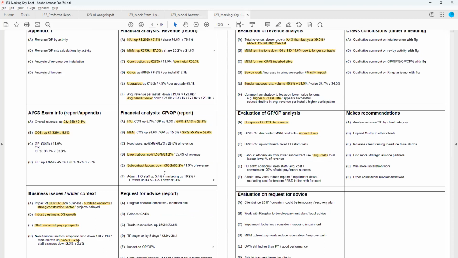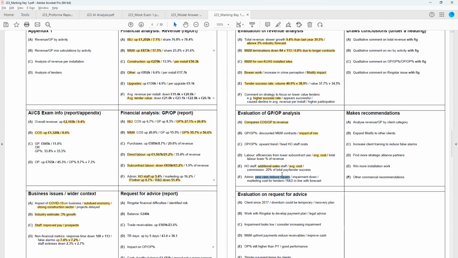And you can see that, actually on the marking key, a lot of them are backslashed. So if I do head office, IT and other, and R&D, that's only got me one mark. You can see there is a separate evaluation point here on head office staff, like looking at the average cost or saying it's because of additional staff.